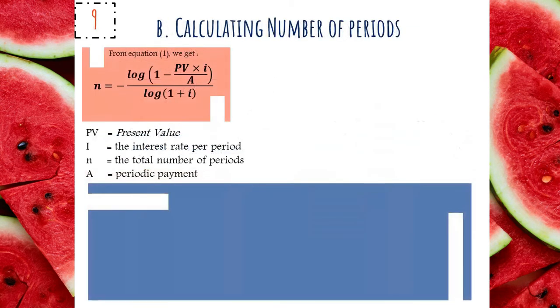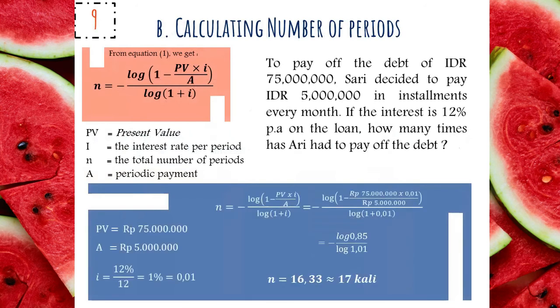And the B is calculating the number of periods. From equation 1, we get n equals minus log of 1 minus PV times i divided by A, and divided by log 1 plus i.